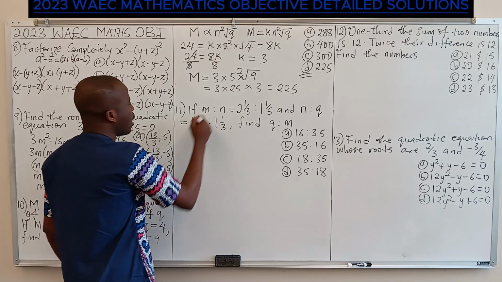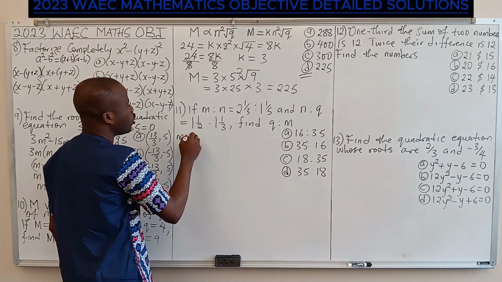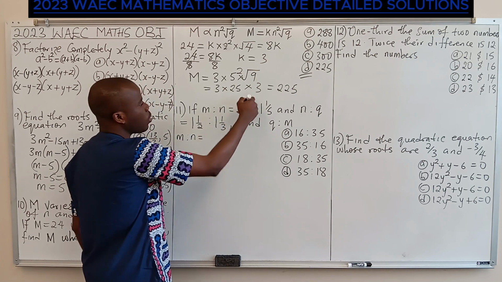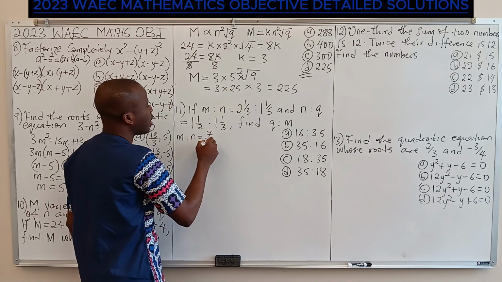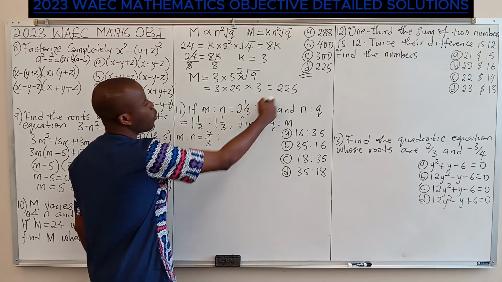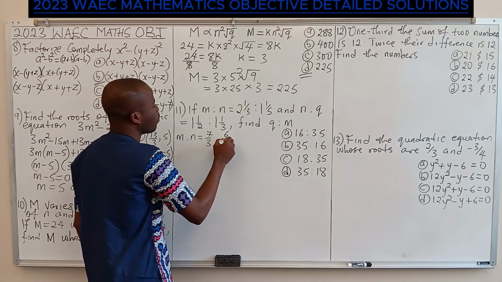Let's go. M ratio n. If I convert this, 3 times 2 is 6, 6 plus 1 is 7/3 ratio 5 times 1 is 5 plus 1 is 6/5.